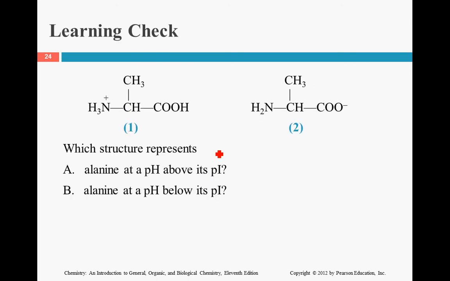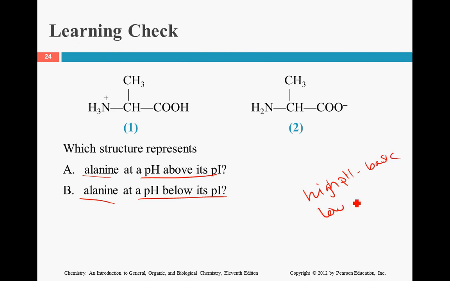So let's take a look at this. These are the same compound. They want to know what if the pH is above PI or if the pH is below PI. High pH means that it's basic.